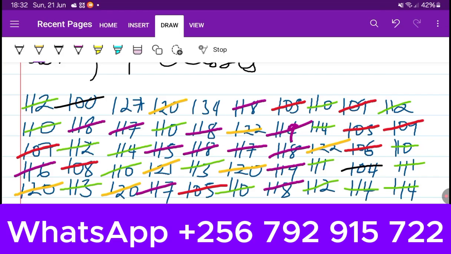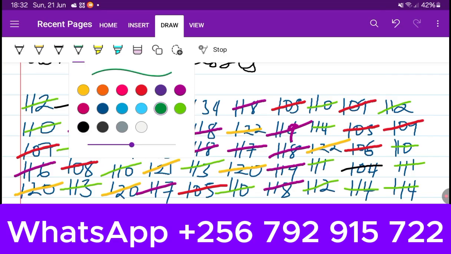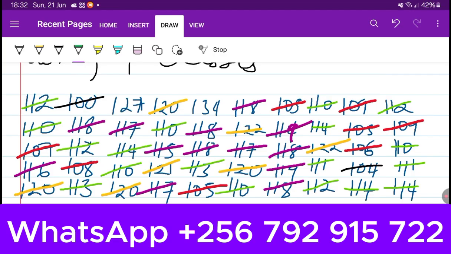Now 125 to 129. You can also pick another color. We take this green. Now 125 to 129, this one. Of course it's only one. We have not seen any other.